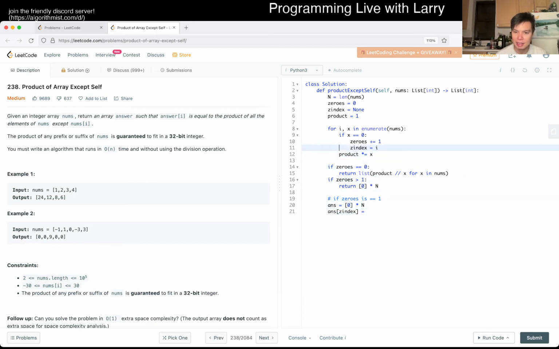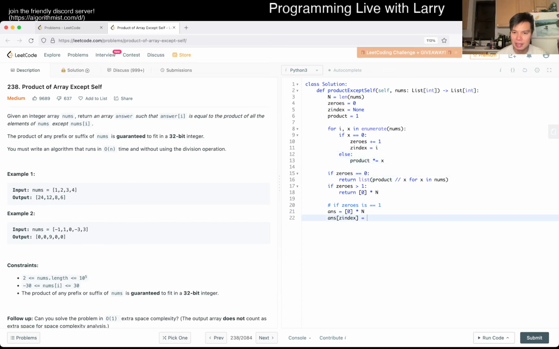Maybe I don't need to do this here. Maybe I can just do the else. I was going to say if there is only one number, maybe that would return something weird, but as you can see from the constraints, it's going to be at least two. So it's going to be the product, and then return answer.